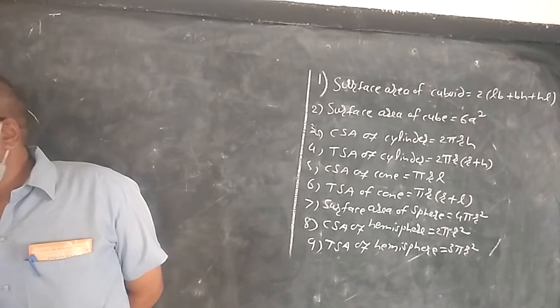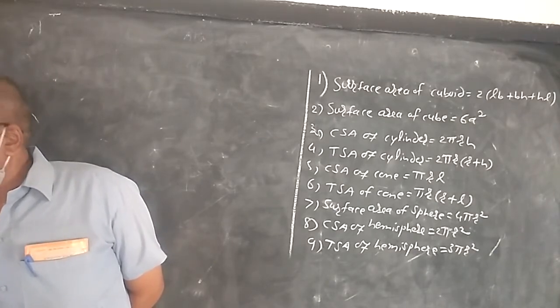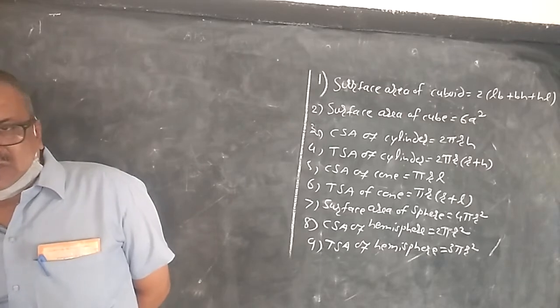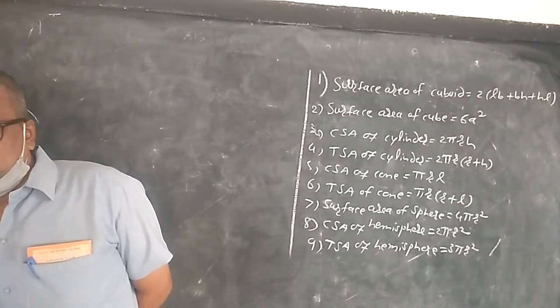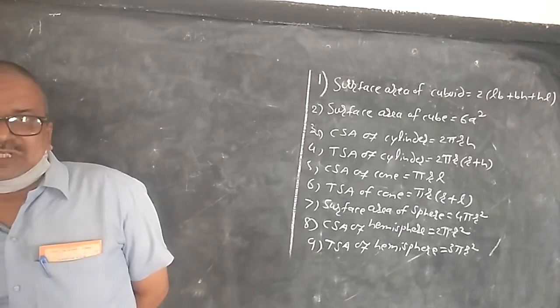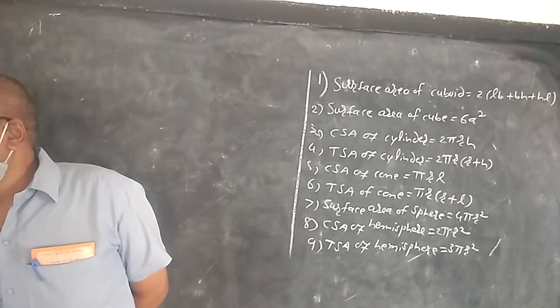Then our next article is volume of the combination of solid figures. Third one is conversion of one solid figure into the other. And the fourth one was frustum of a cone, that was reduced from the syllabus this year.